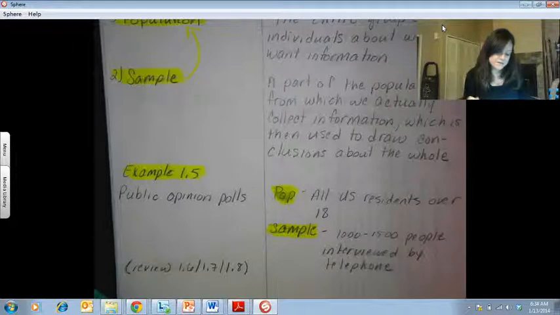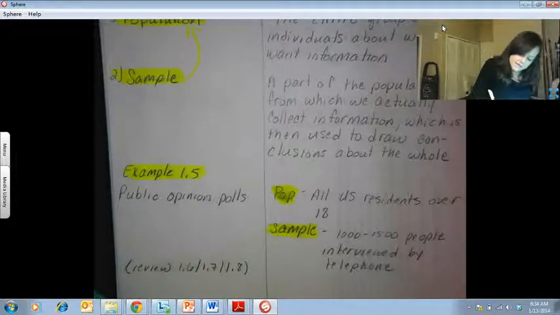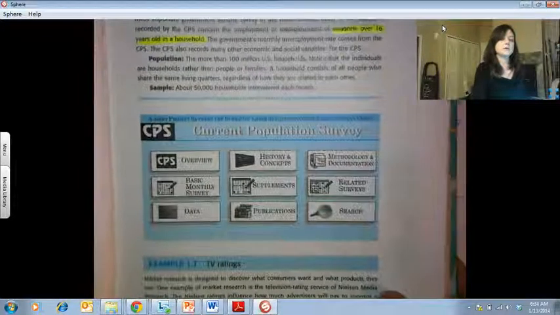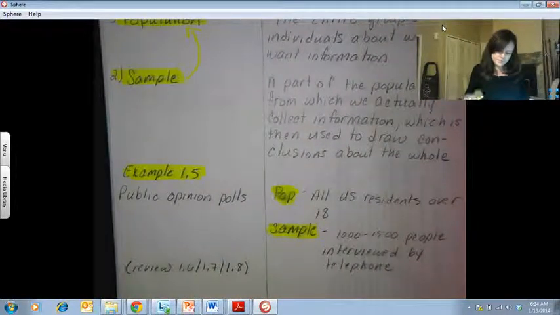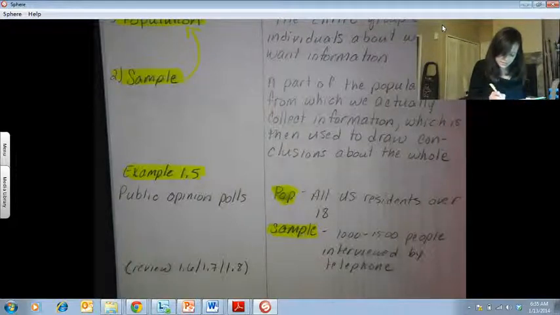Many of the variables recorded by the CPS concern the employment or unemployment of everyone over 16 years old in a household. I'm going to highlight that. Everyone over 16 years old in a household. That's going to be my population, right? The government's monthly unemployment rate comes from the CPS. The CPS also records many other economic and social variables. So the population is the more than 100 million households, which we already knew.